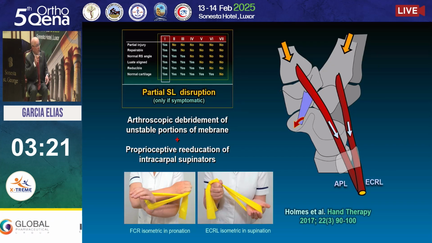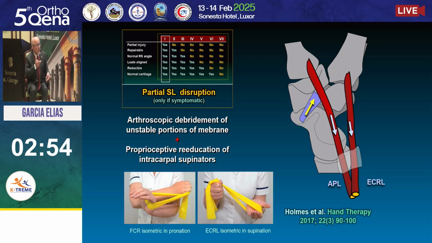going back to the question that we put to Ricardo, what to do in the dynamic scapholunate? Remember what we said about the anti-pronation ligaments. If you promote the anti-supination ligaments, you are reducing that, and you may treat cases almost as in this Holmes paper, the paper presented recently.